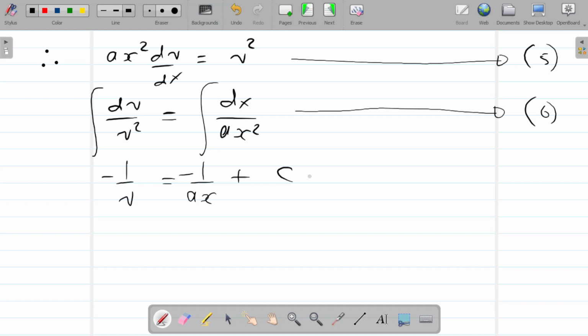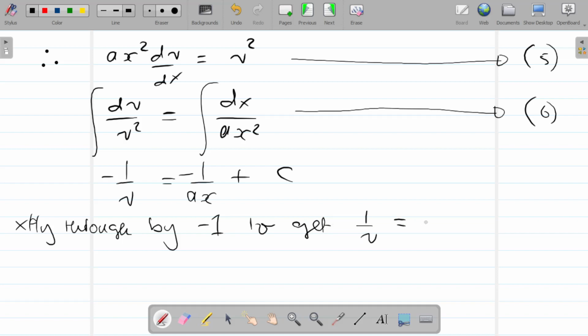Now I'll multiply through by minus 1 to get 1 over v equals 1 over a x minus c.